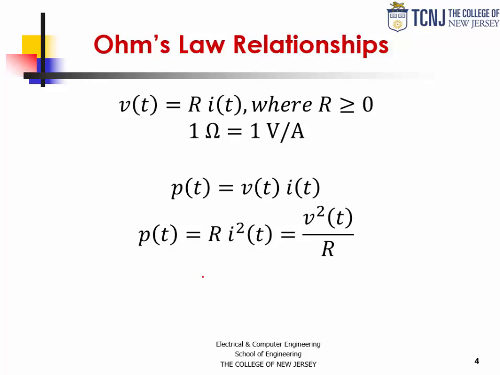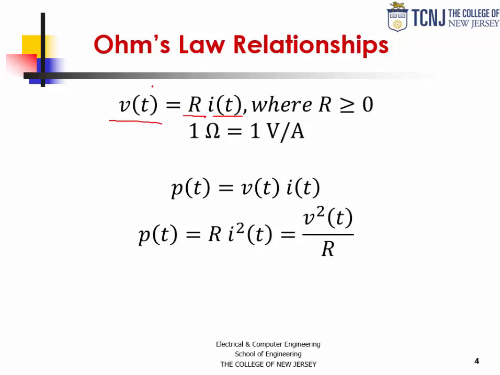The relationship that relates the voltage that is applied across a resistor and the current that flows through it is called Ohm's law, and it's simply stated as such. We have a voltage that we apply across a resistor with a current that flows through it.